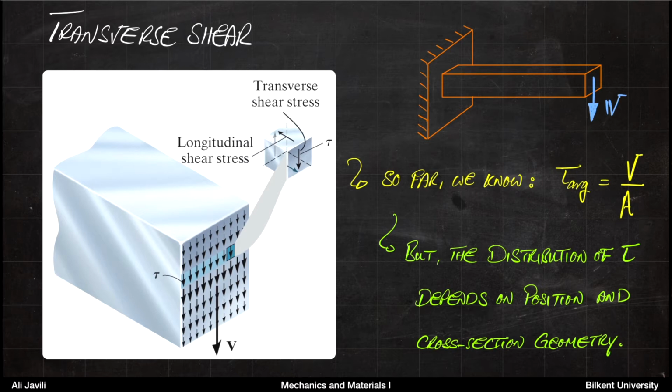But what we want to calculate now is the distribution of the shear stress itself through the cross section. And that distribution is shown here in the figure. In the figure, you see that the shear stress at the center is larger, towards the ends it is smaller.